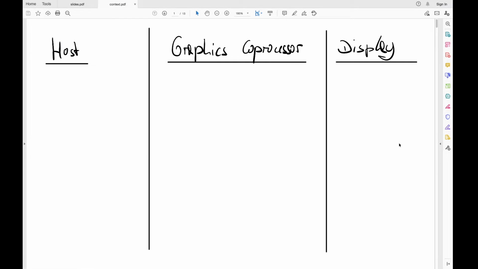So with graphics processors, this here is the situation that we're in. We on the one hand have a host computer, and then we have a graphics coprocessor, and the graphics coprocessor basically is the interface between the host computer and the display. And with a traditional data model, the host system would issue so-called commands to the graphics coprocessor, and the graphics coprocessor would handle those commands.